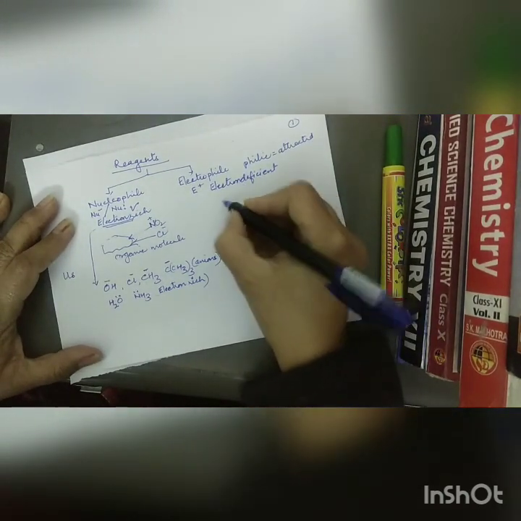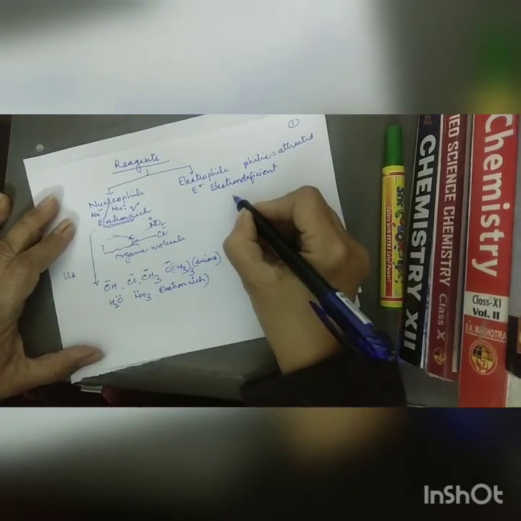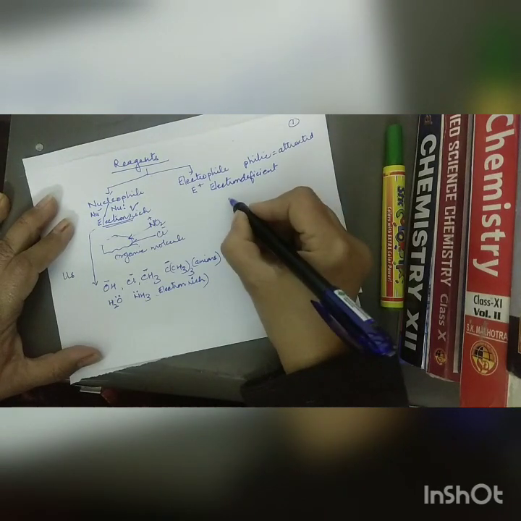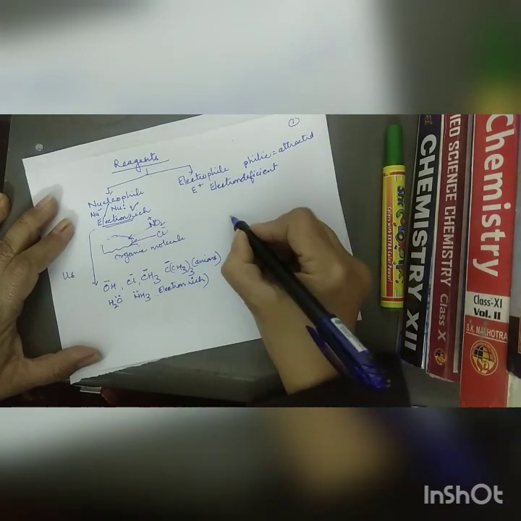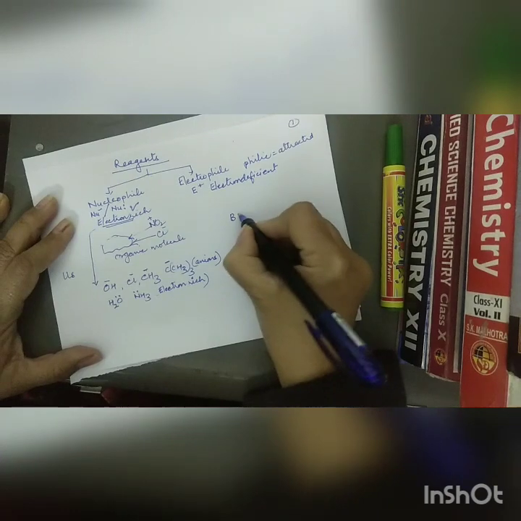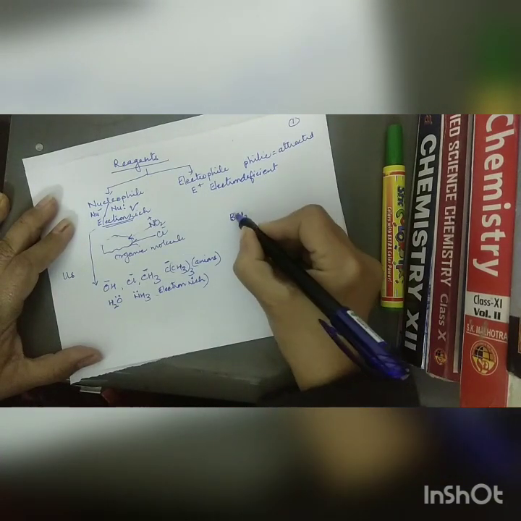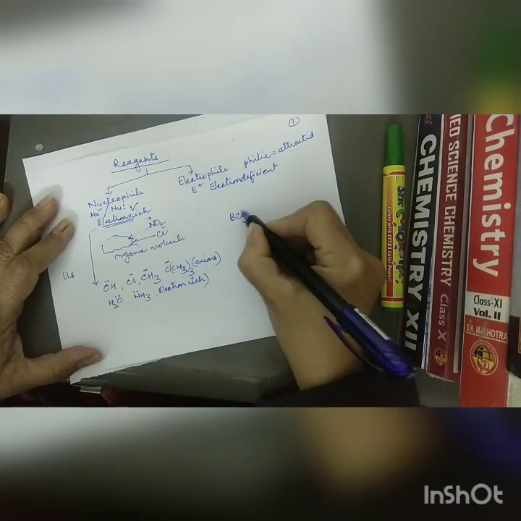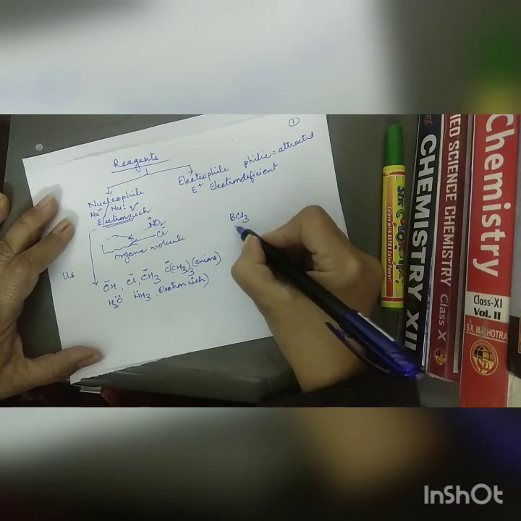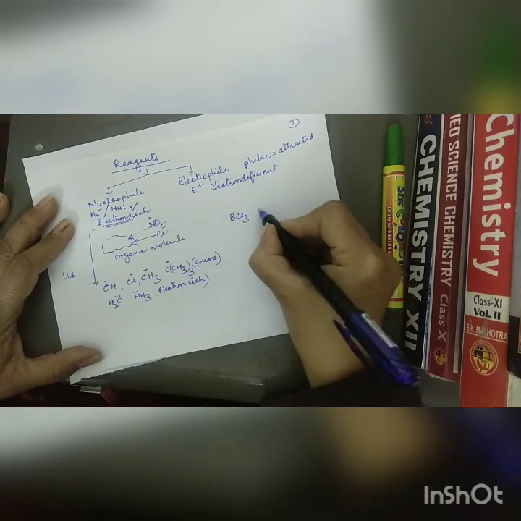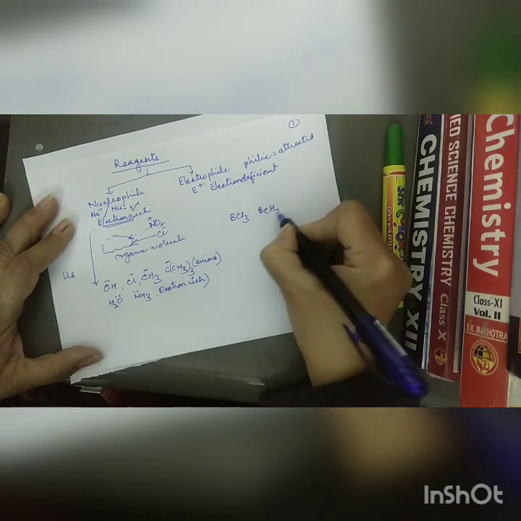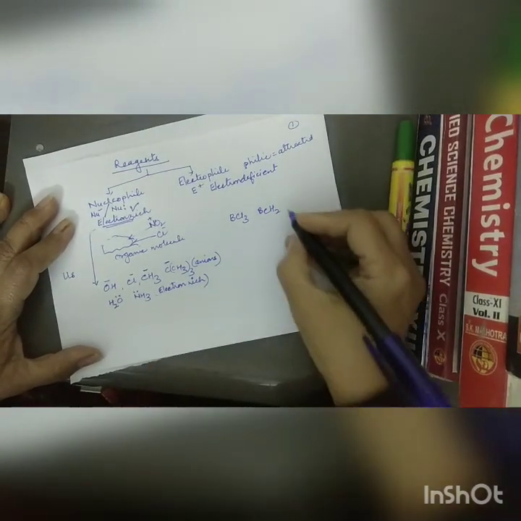Deficiency means less, lack of it. They generally have 6 electrons or they have a positive charge. Like the molecule BCl3. This has 6 electrons, 3 chlorines giving 3 electrons, boron having 3 electrons. Then BeH2, this is a 4 electron species.